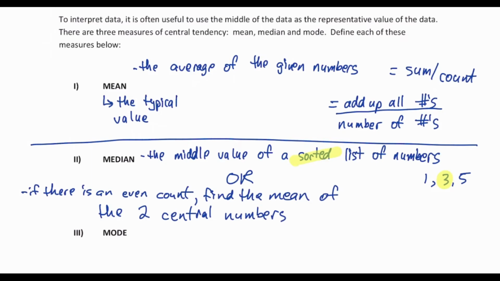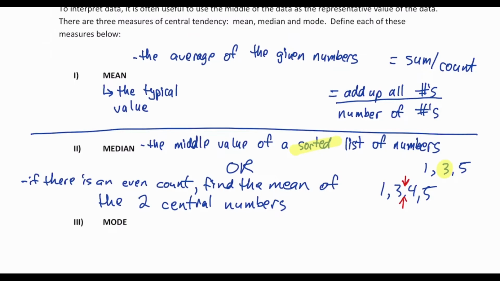So let's say I had 1, 3, 4, and 5. Well, there is no middle number. So I need to figure out what's halfway between 3 and 4. So take my two central numbers, 3 and 4, add them together, divide by 2. That means we're finding the average. So it's going to be 7 over 2 or 3.5. So my median in this case is going to be 3.5.